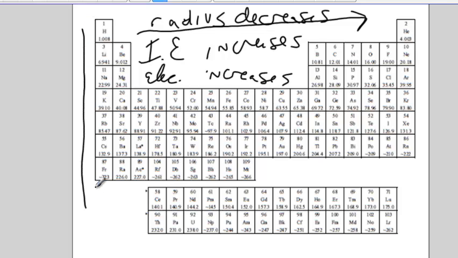As I go down a group this direction, radius increases, ionization energy decreases, electronegativity decreases.